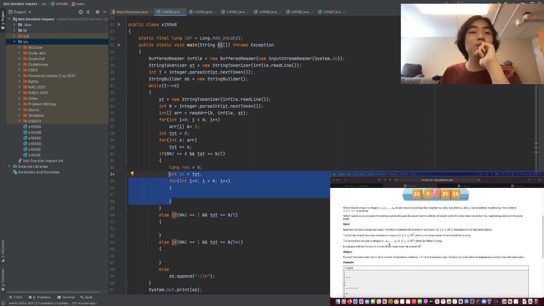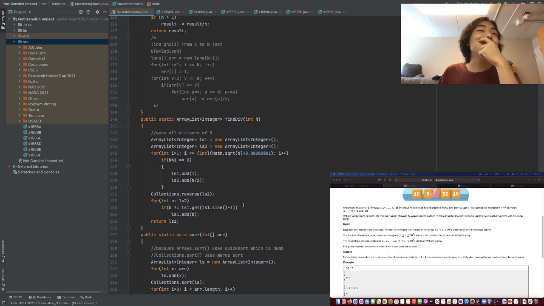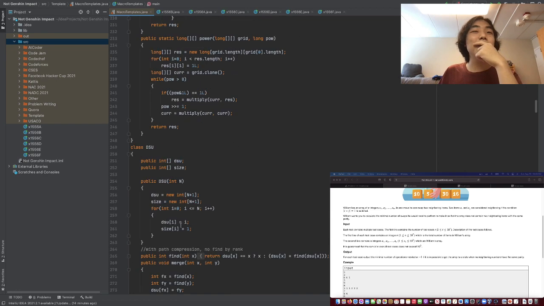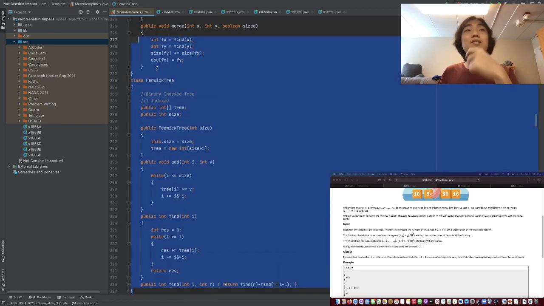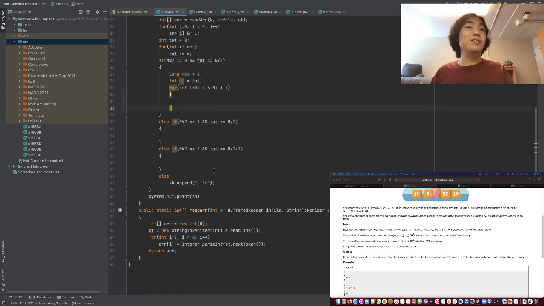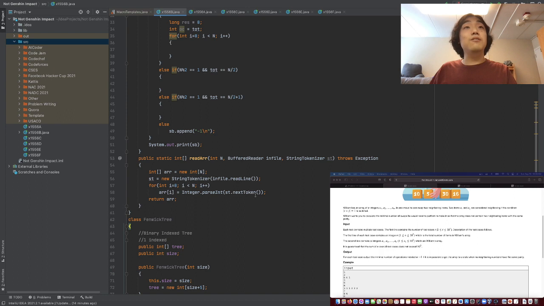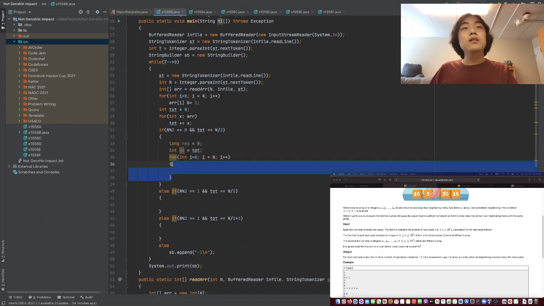I mean, it might just be easier to do. Yeah, I don't know. There has to be a better way to do it, but I'm very rusty right now because I haven't done CP in a few weeks. So whatever. Look, this is the best way that I can think of doing it.